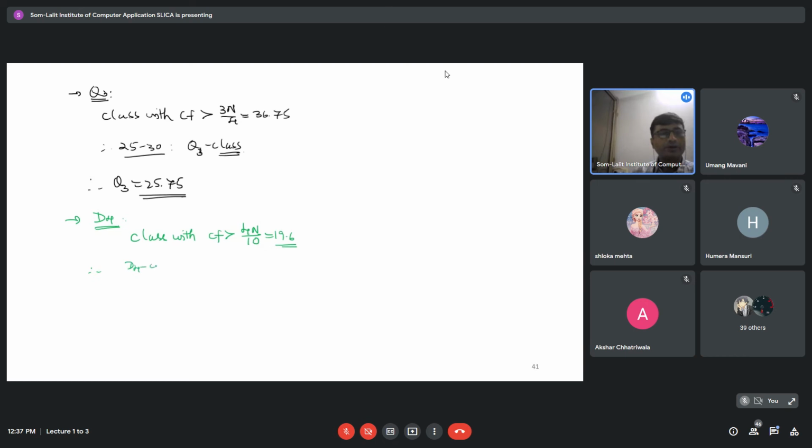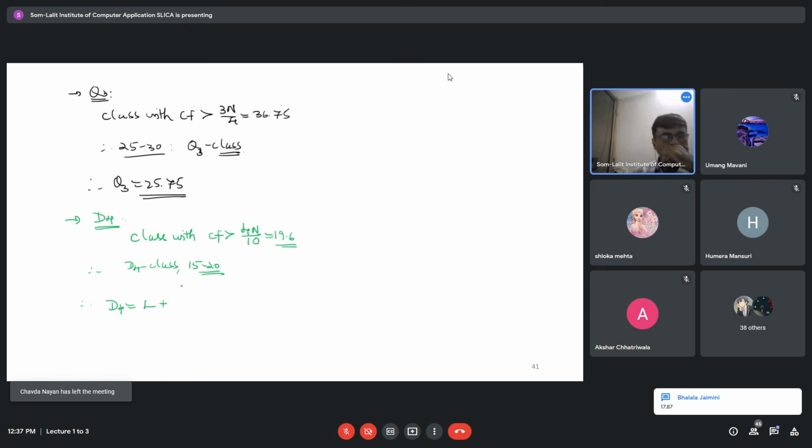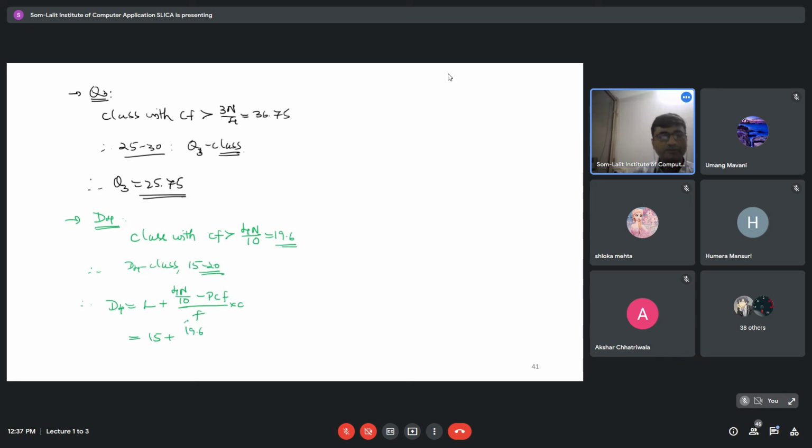So the D4 class is this, 15 to 20. Now use the expression for D4. What's the expression for D4? L plus n by 10, but you are finding the fourth decile here, so 4n by 10 minus PCF upon f into c. So place the value. This is 15 plus this, which is 19.6, minus PCF.